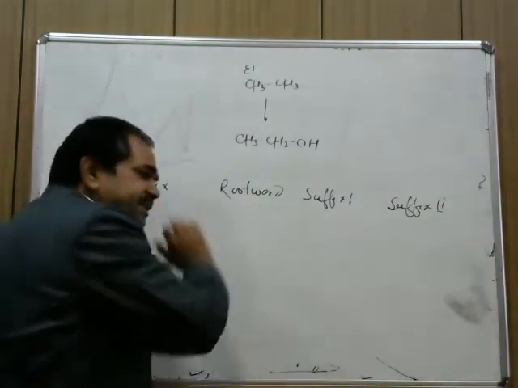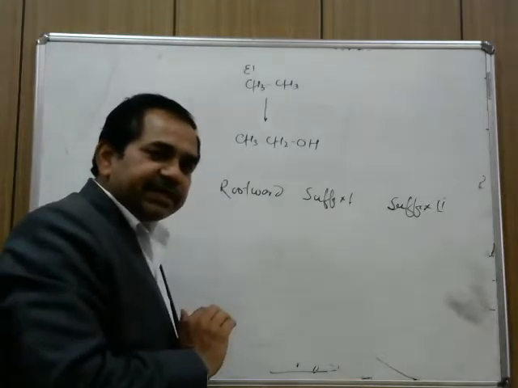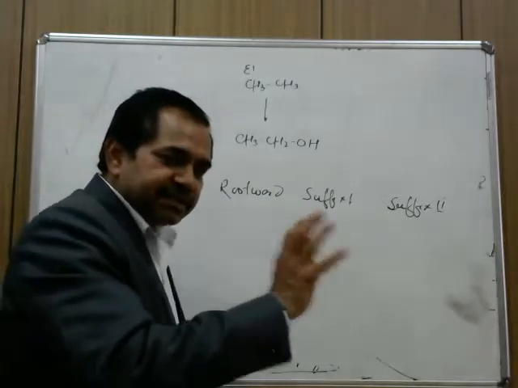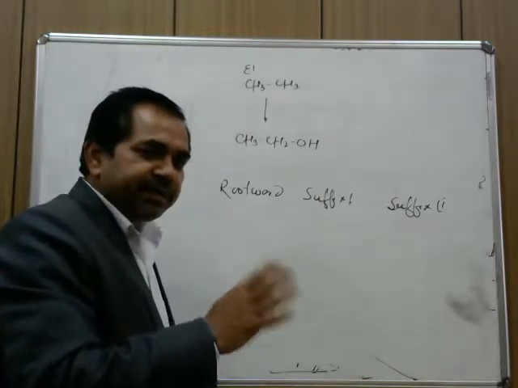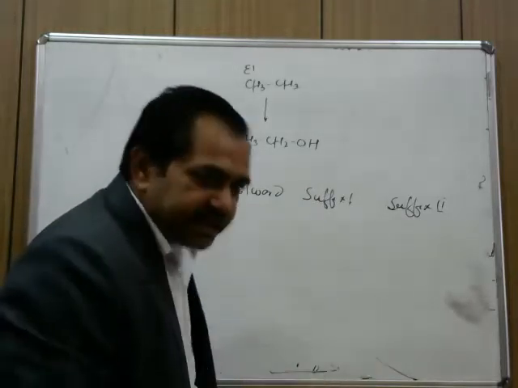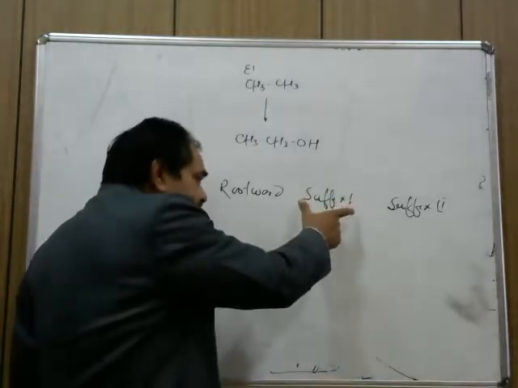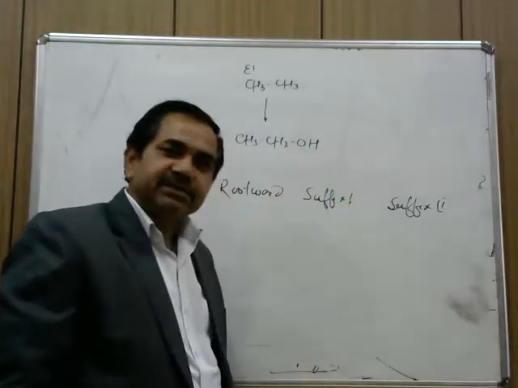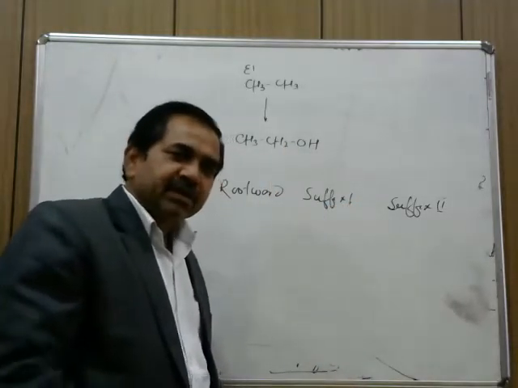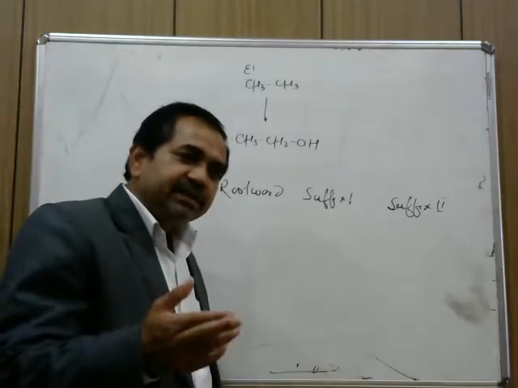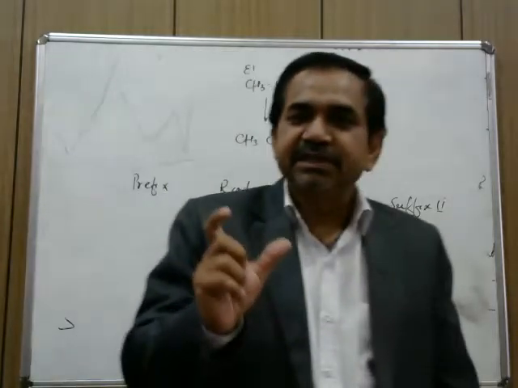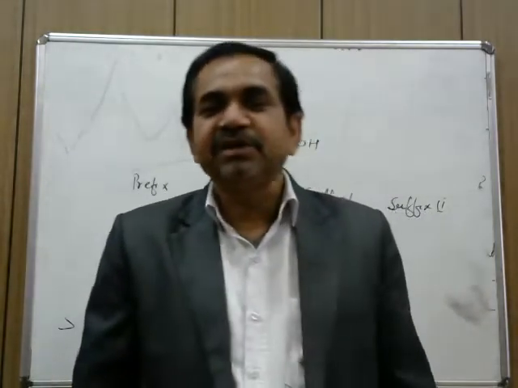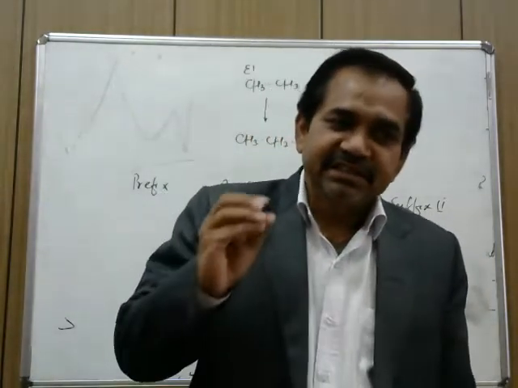Root word represents the number of carbon atoms in the given chain: meth, eth, prop, but, pent, hex, hept, oct, non, dec. And suffix 1 represents the nature of the selected parent chain or parent compound. If it is saturated, all carbon atoms are joined together with carbon-carbon single bonds, then it is called ane.